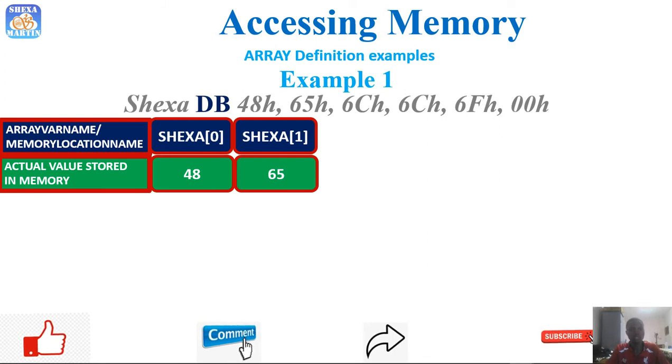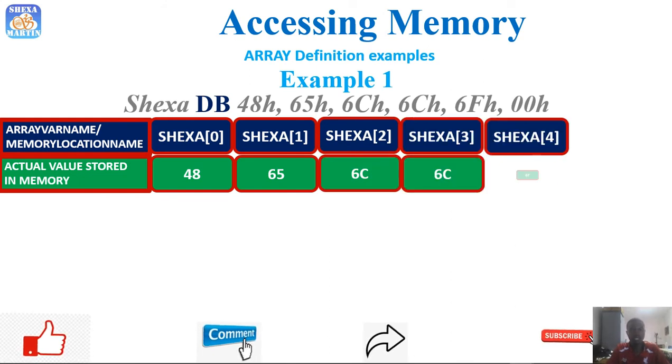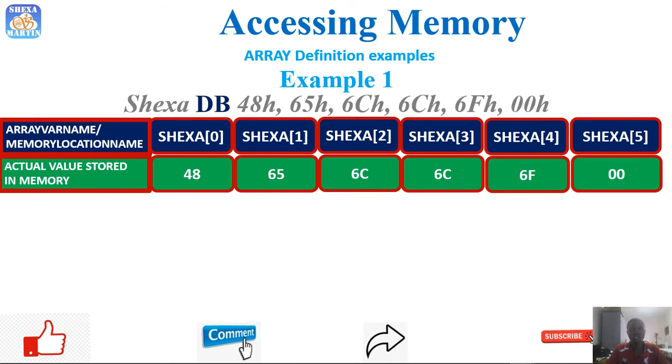Shexa index 1 has its value initialized in this line of code, and it has a different memory location from Shexa index 0 and the other Shexa variables declared here. The same applies to Shexa index 2, 3, 4 and 5. So these are the values we have inside our memory locations, or inside our array.